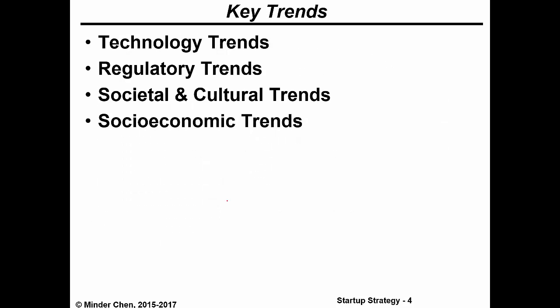This just summarizes the key trends. One is technology trend. If you're driven by technology, certainly observing the technology trend is important. If your business has a lot to do with government regulation, paying attention to government regulation or government policy will be very important for you.